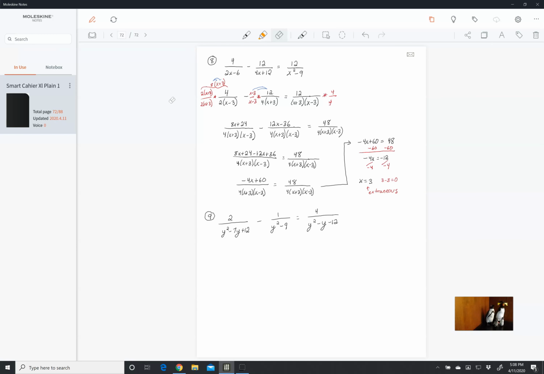So just like before, we have to factor first. You see these y squareds, this is going to make it really hard to find a common denominator. So you should be familiar enough with factoring that this should not be that big a deal for you. I'm going to try and leave some room because I know that we are doing common denominators. So y squared minus 7y plus 12, we can do y minus 4, y minus 3.